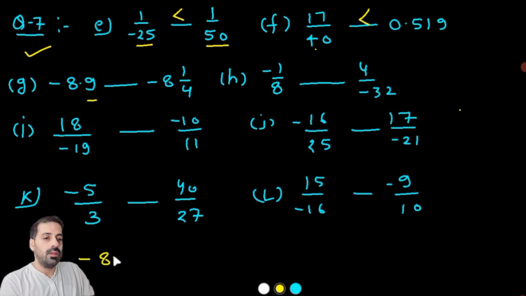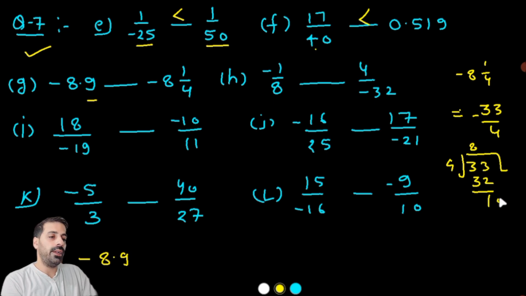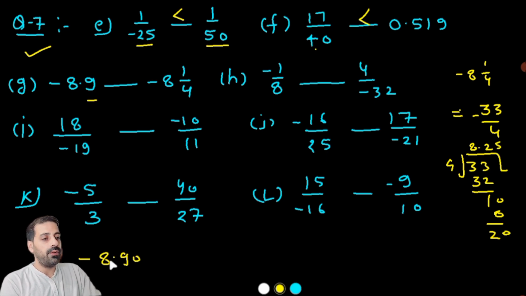Now in this question, G question, we have one value, negative 8 upon 9. Now negative 8 and 1 upon 4 can be simplified as negative 33 upon 4. Now 33 is divided by 4, so we have 8 times, that is 32, 1 is remaining, 0, point applied, 2 times we have 8 and 2, again 0 and 5.